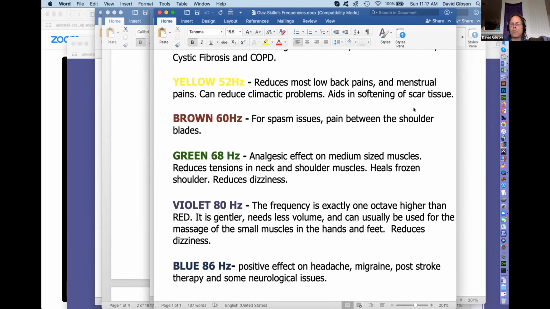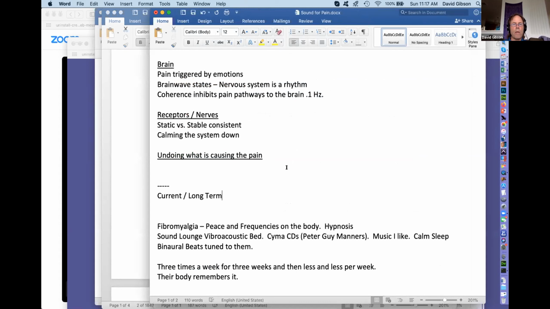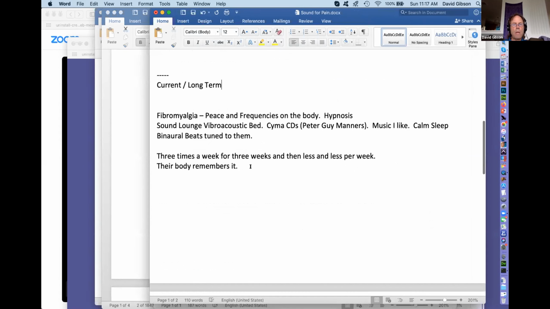Because he was using sound tables, I think, instead of putting frequencies right on the body. A tuning fork right on it. Yeah. But here's another thing I want to throw into the mix. Something I've heard is really effective for pain is microcurrents.